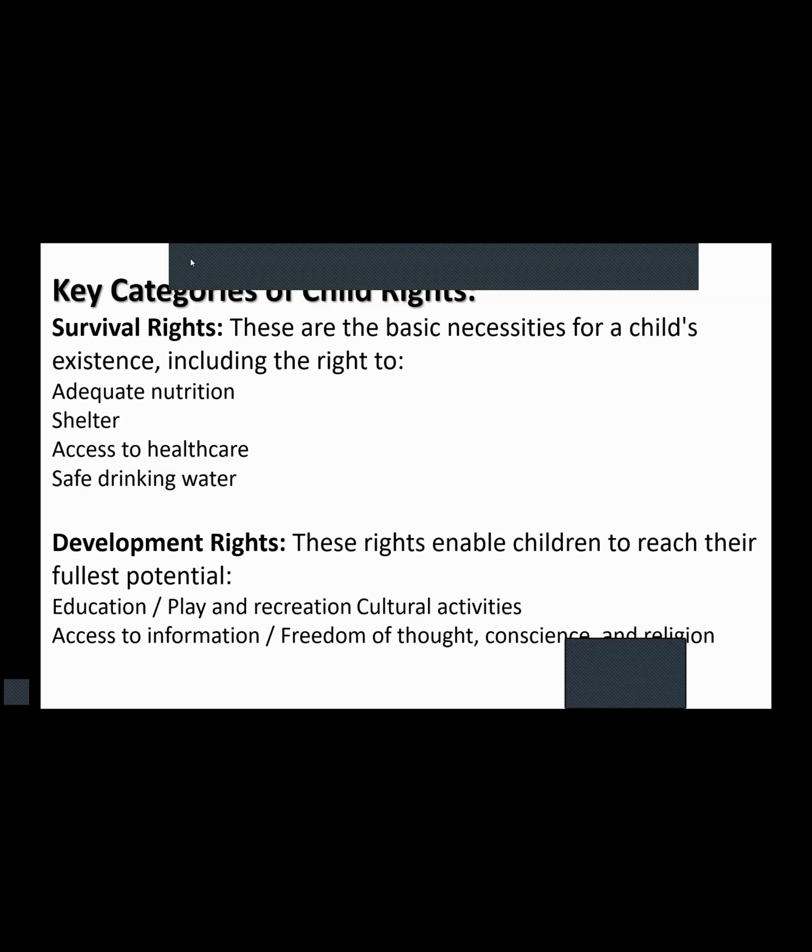Freedom of thoughts, conscience, and religion. These come under child rights actually. They are there for other people also, but under child rights also, they are there.